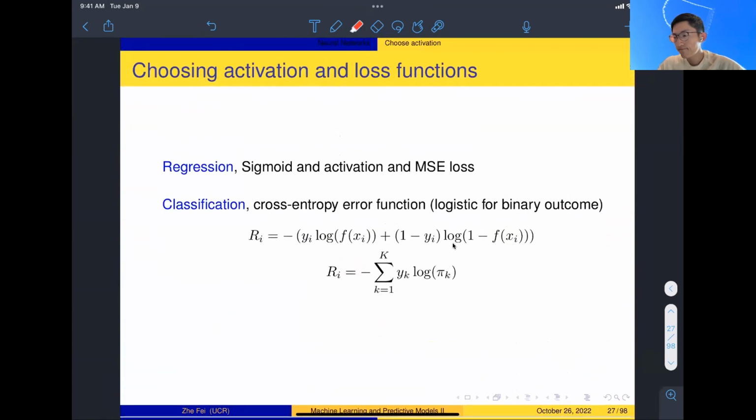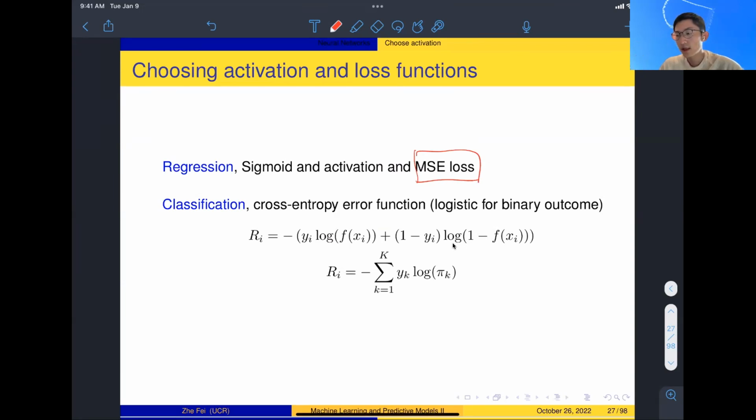So in terms of choosing activation and loss function, it's actually more standard. Based on your type of model, if you do a regression model, you would prefer a sigmoid, as it is a continuous activation function, and the mean square error. That's essentially corresponding to linear regression for your link function.